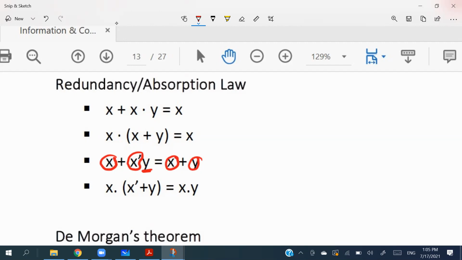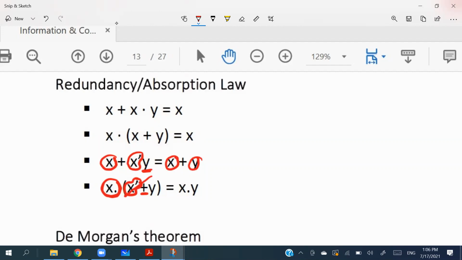All right, then the other way around, right? It has the same logic. X is alone and the complement of x is doing the plus operation with y. So in that case, we can disregard x bar again, but now we are left with a dot.